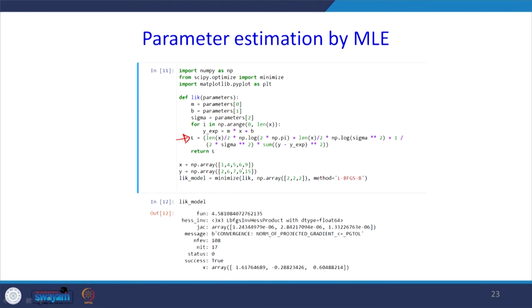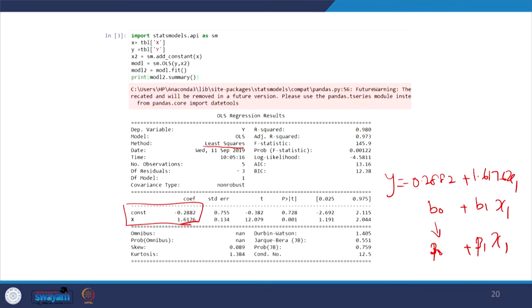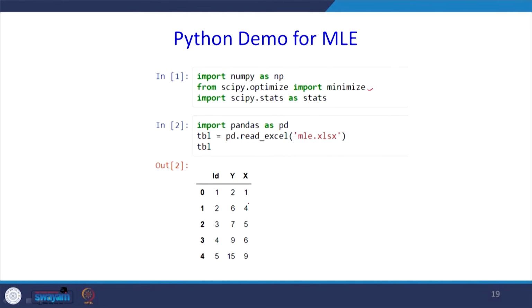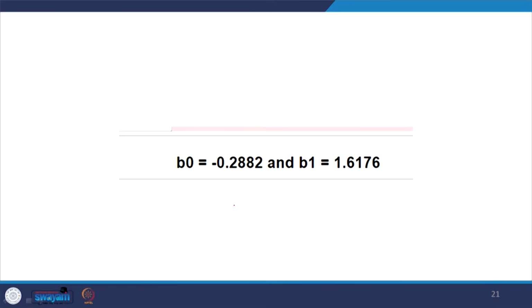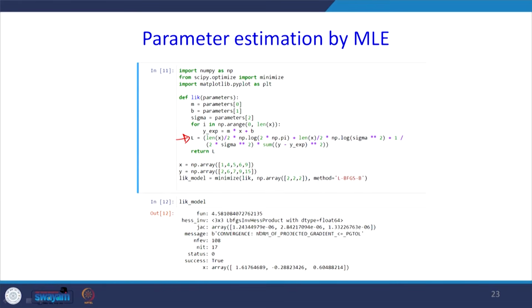So, this is our x value, this x is taken from here, 1 4 5 6 9, and the y value is 2 6 7 9 15. Like underscore model minimize, this is the function to minimize, like dot np dot array.